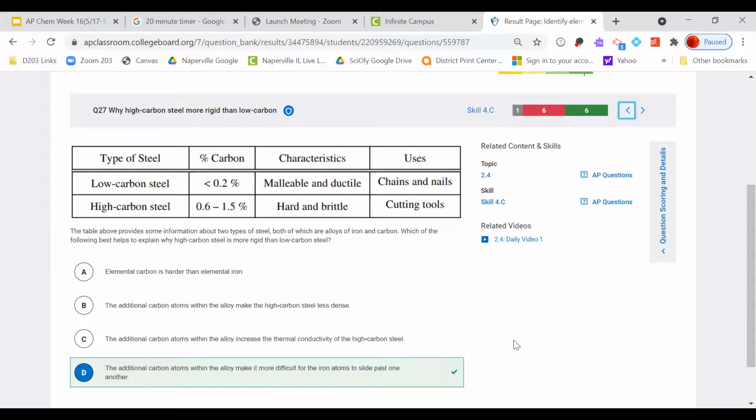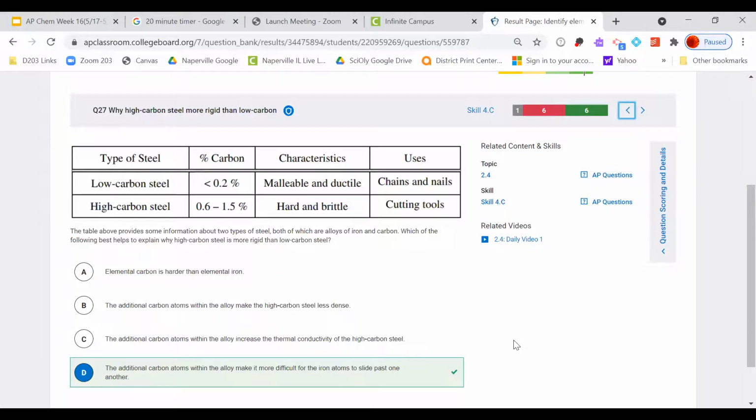And what it will do is change the properties of that iron. So because they are telling you the high carbon steel is hard and brittle, meaning you have a higher percentage of carbon in there, the answer is that the additional carbon atoms within the alloy make it more difficult for the iron atoms to slide past each other.